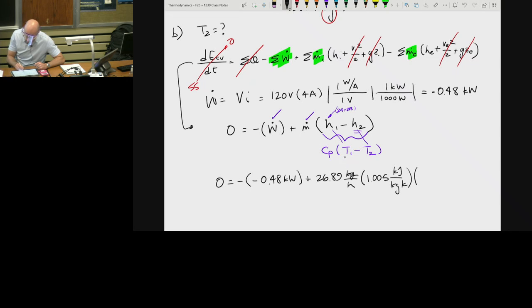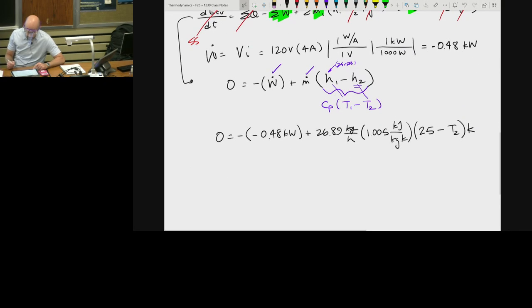My temperature difference here, remember I can do it in Celsius or Kelvin because the temperature difference is the same in either, and I'm going to use Celsius here, so I don't have to do any conversions: 25 minus temperature 2. Now again, I cannot do a calculation unless I check that I have kilowatts here and kilowatts in this second part.